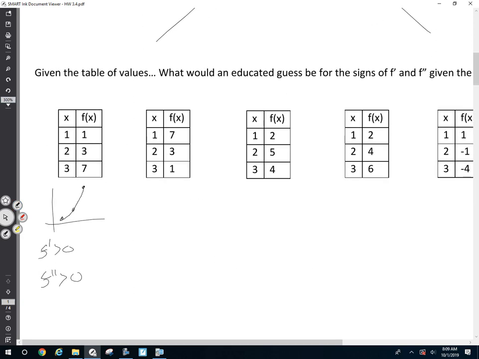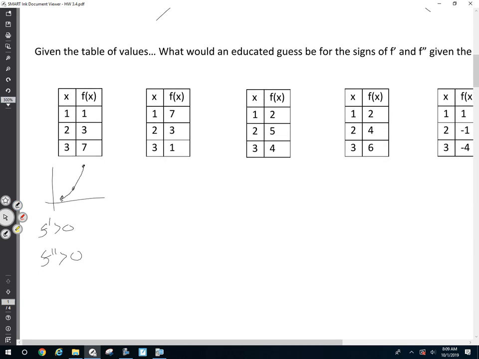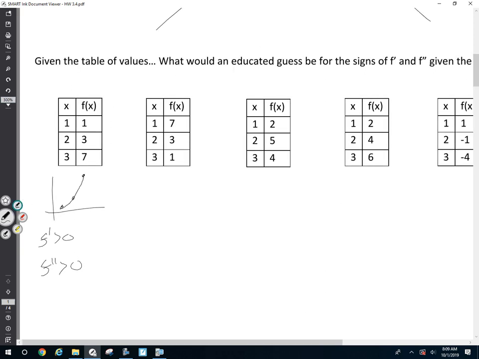Sometimes it's tough to say increasing at an increasing rate, but you can kind of see increasing, concave up. If I go 7, 3, 1, we can see we're decreasing, but you gotta be careful.